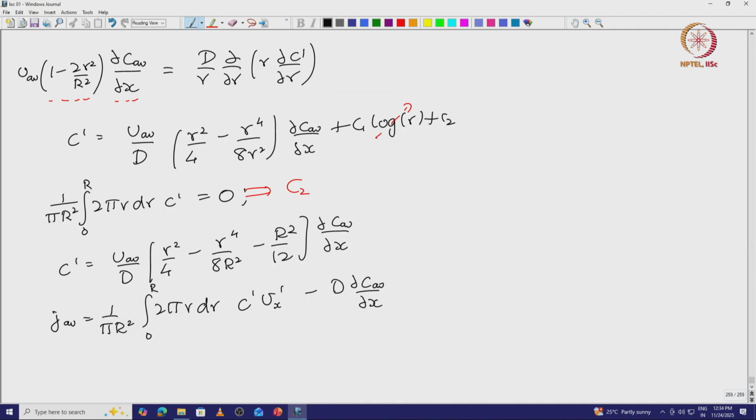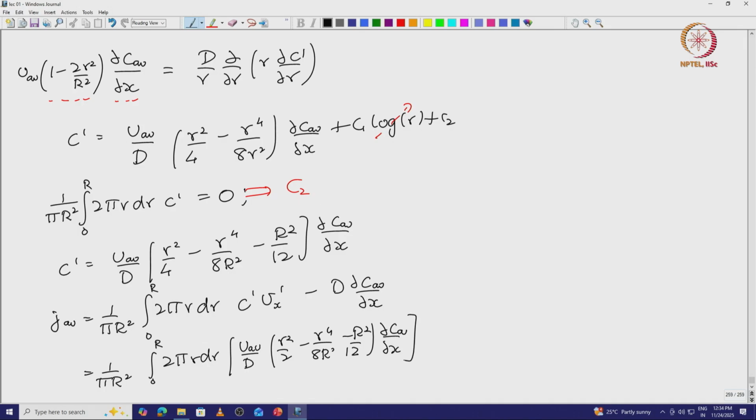We have to substitute the expressions: 1 by pi R square integral 0 to R 2 pi R dr into the expression for C prime, V average by D into R square by 2 minus R power 4 by 8 R square minus R square by 12, with partial C average by partial x.